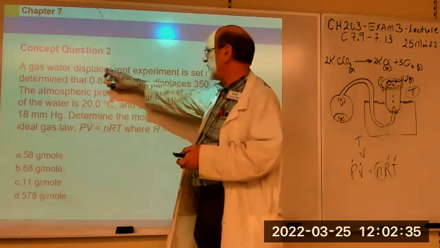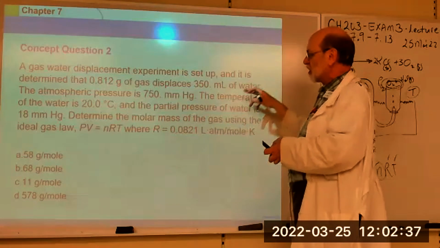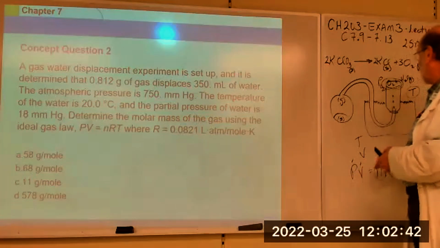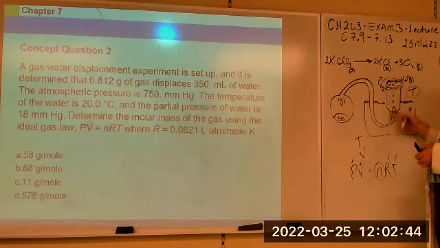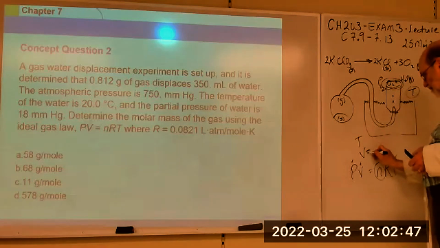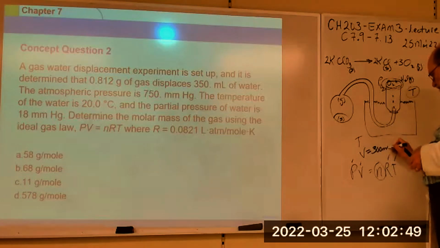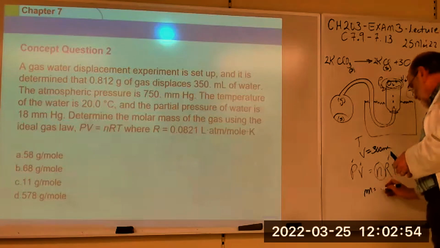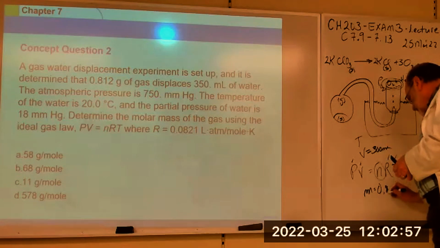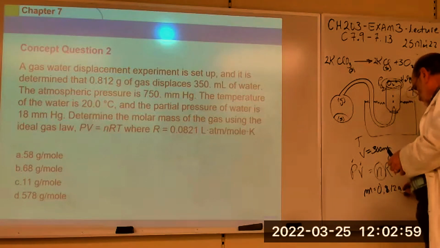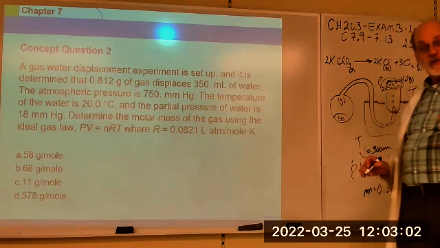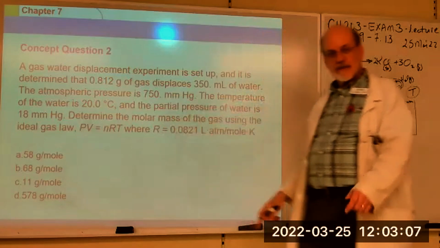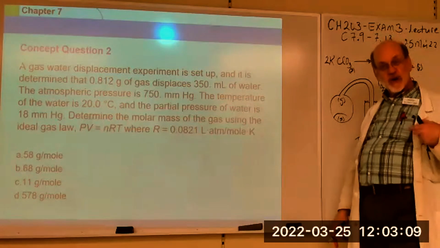The water displacement experiment. It's determined that 0.812 grams of gas displaces 300 milliliters of water. So 300 milliliters of volume here, and the mass is equal to 0.812 grams. See where we're going with this? The question is, what's the molar mass of that gas? Molar mass is grams per mole.